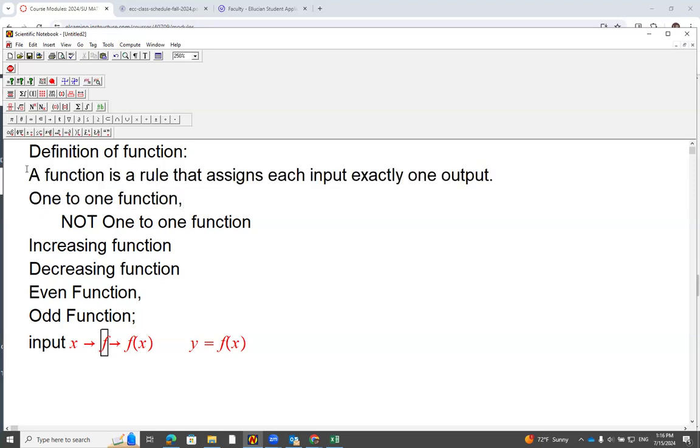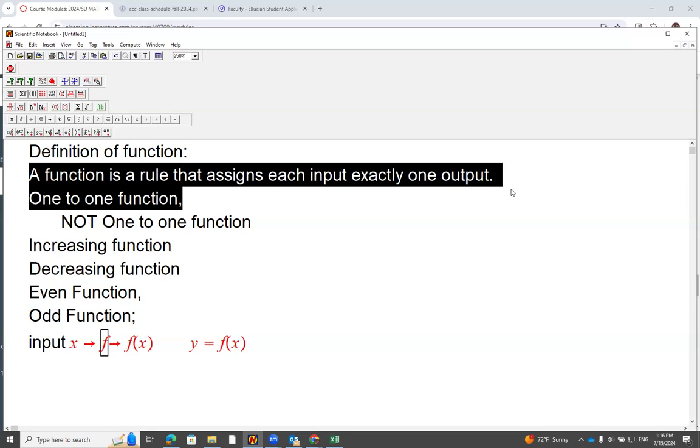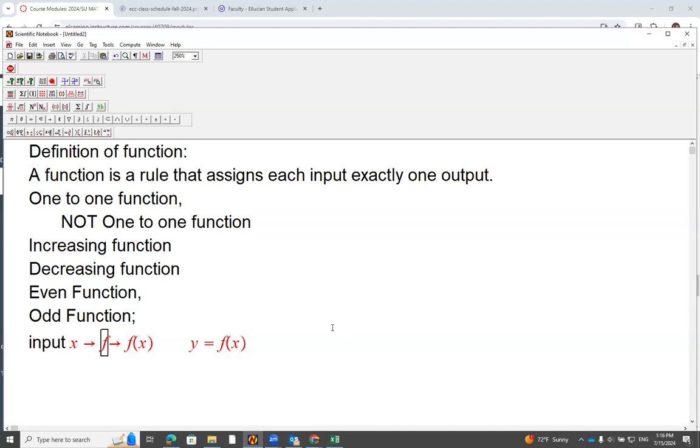We're still thinking a function is a rule that assigns each input exactly one output: one-to-one functions, increasing, decreasing, even and odd functions. And we're most concerned about their graph and their domain and range, which we've been discussing all along.